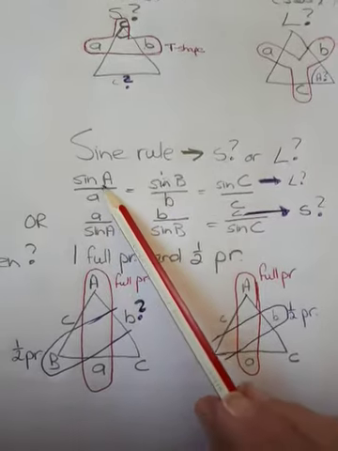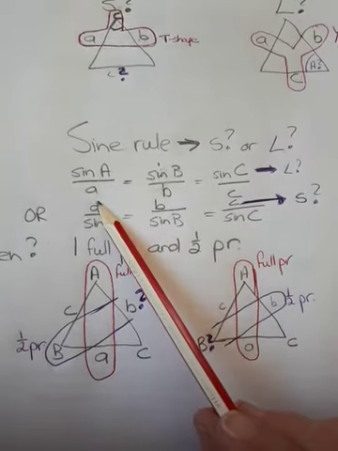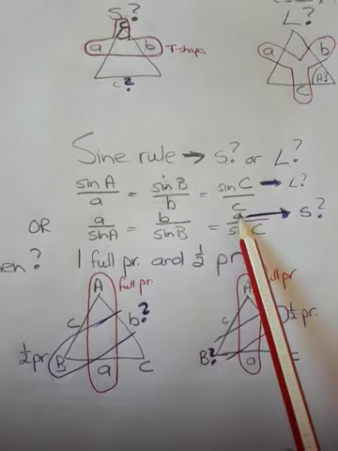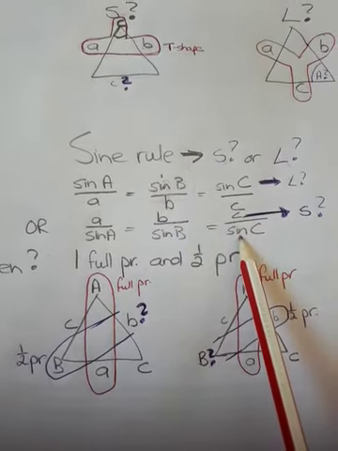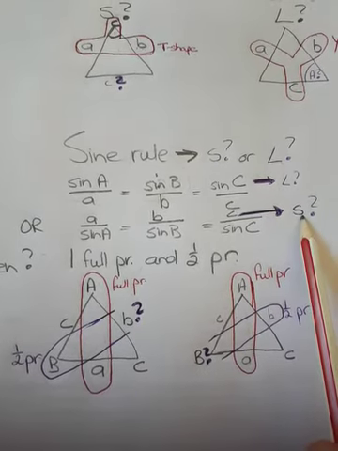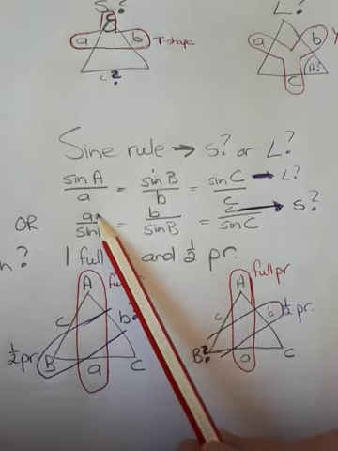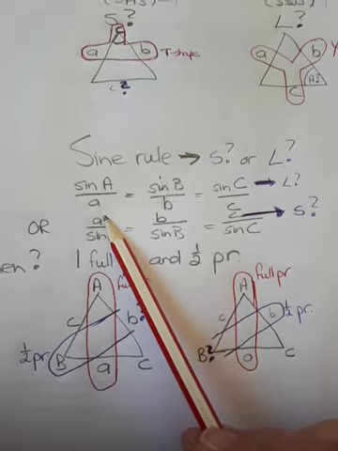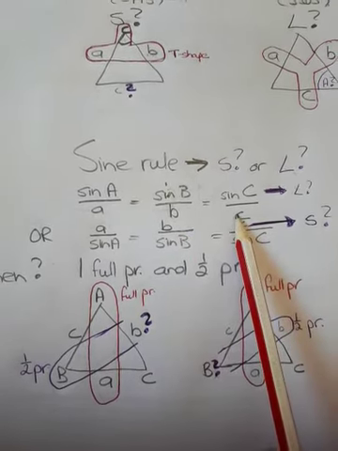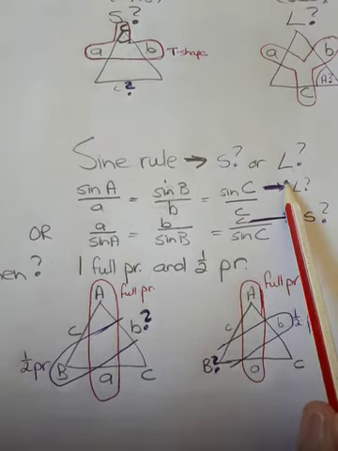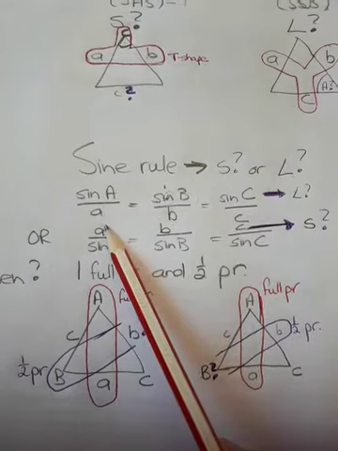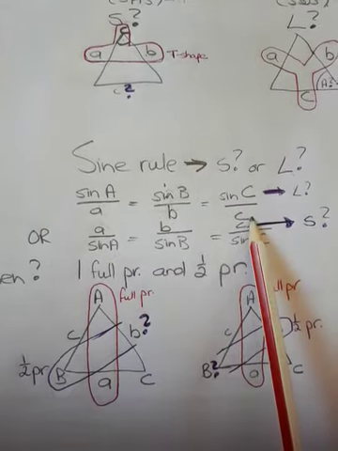Or the opposite, you just simply turn this around: a over sin A equals b over sin B equals c over sin C, and that we always use when a side is asked. Again, your question mark or your variable in this case is at the top in the numerator. Okay, so when an angle is asked, sin goes at the top. When a side is asked, the side goes at the top.